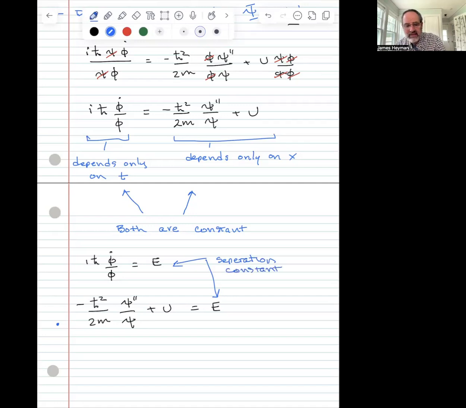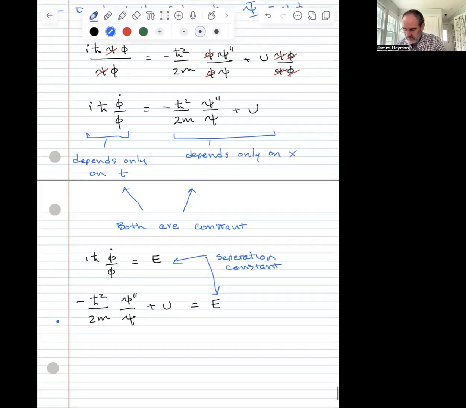We don't yet know what E is, but we do know that it's the same value for both equations.